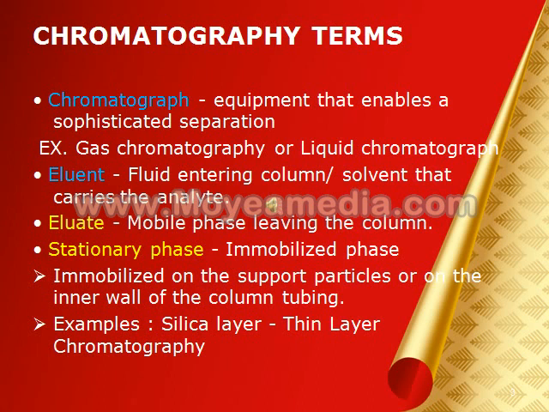The chromatograph is the instrument used for the purpose, like a tank, paper, slide, column, HPLC instrument, etc. When the liquid phase enters the column, it is called eluent, and when it leaves, it is called eluate. Paper, silica gel are the stationary phase on which our liquid or its mixture moves.